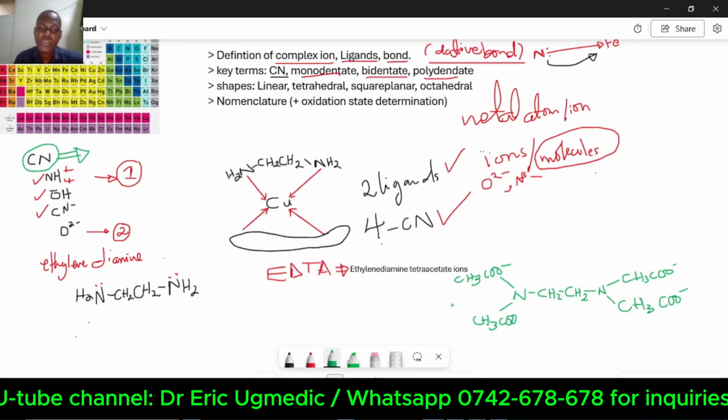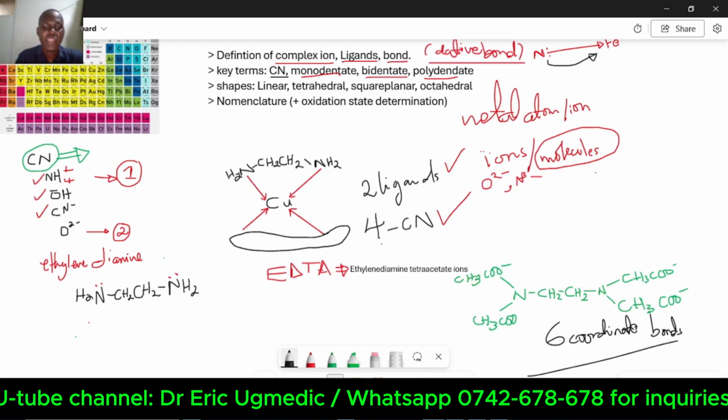So this one normally forms a total of about 6 coordinate bonds, meaning its coordination number is 6. That's what we call EDTA, ethylene diamine tetraacetate.